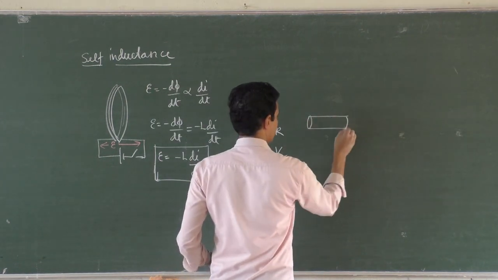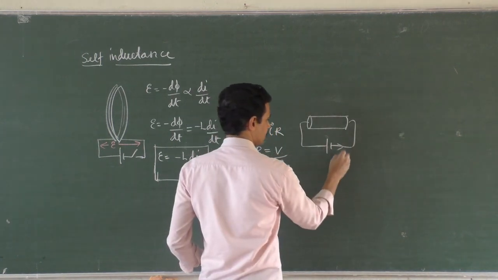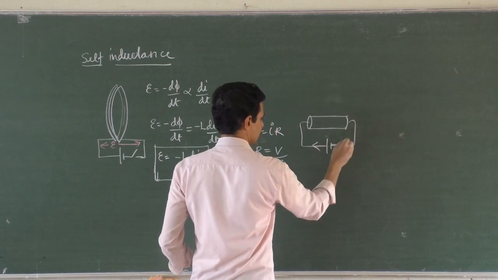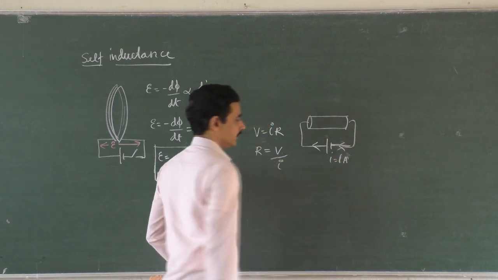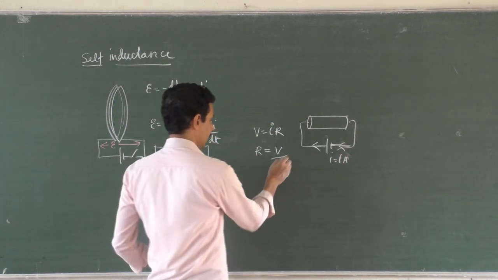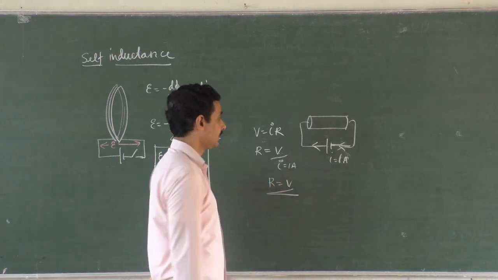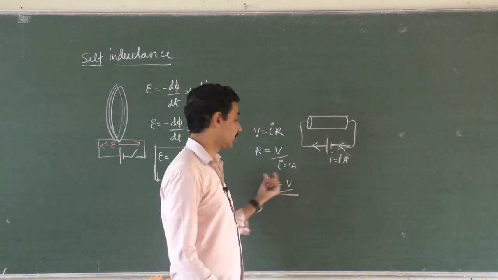So I is equal to 1 ampere, and you should be very sure of that. When I is 1 ampere, R is equal to V itself. Whatever voltage you get across the resistor, that numerical value will be equal to the resistance.